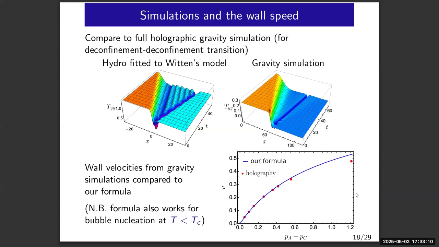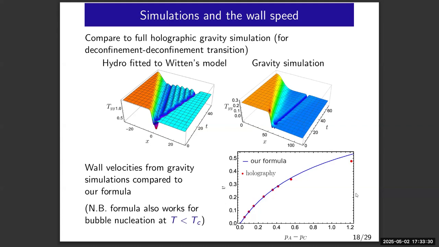In my normalization the constant is 1, but the critical temperature is also 1. That's where the pressures are equal. So as for the equation of state, this is not a good model for Yang-Mills.